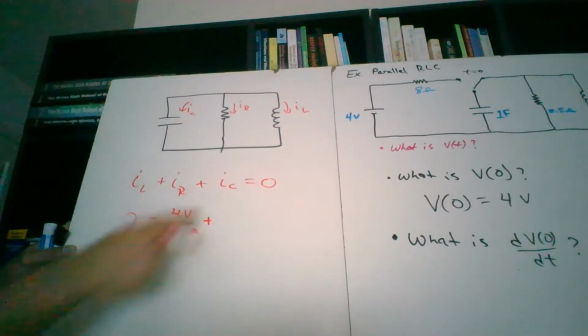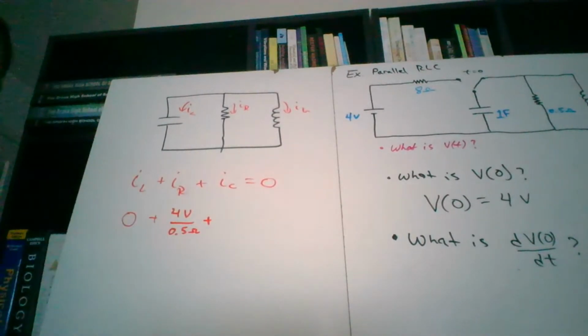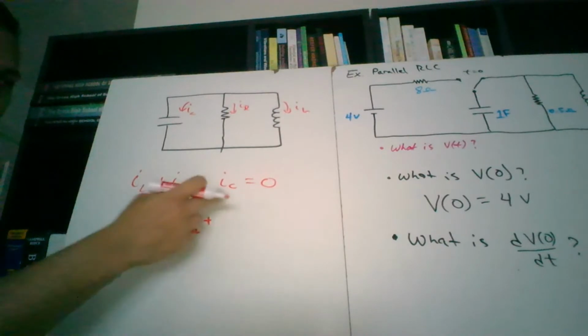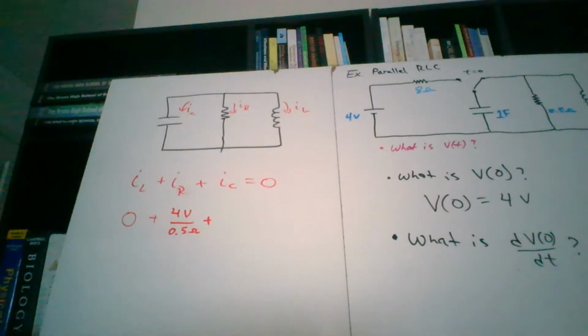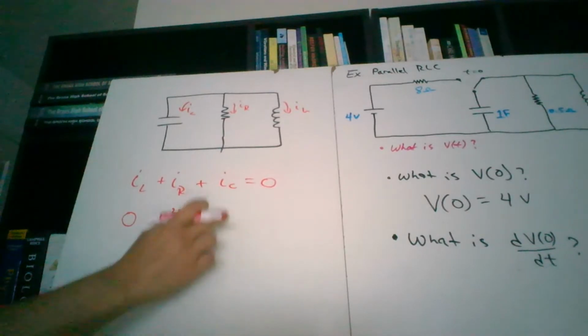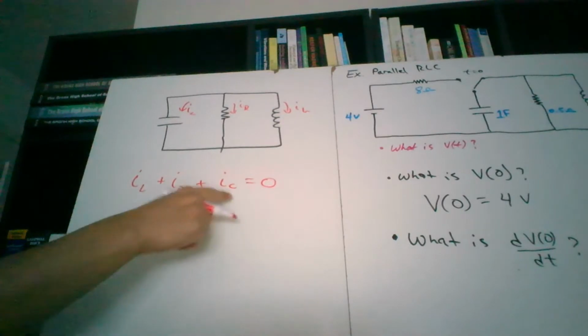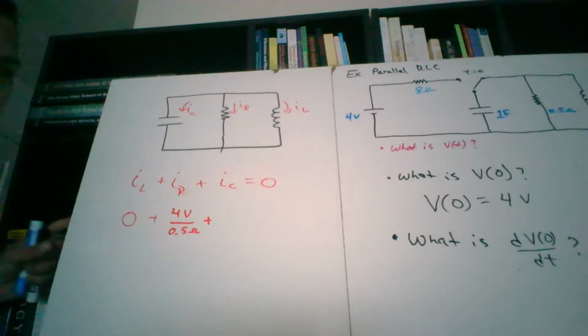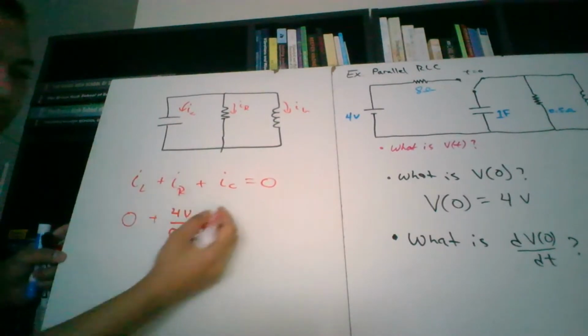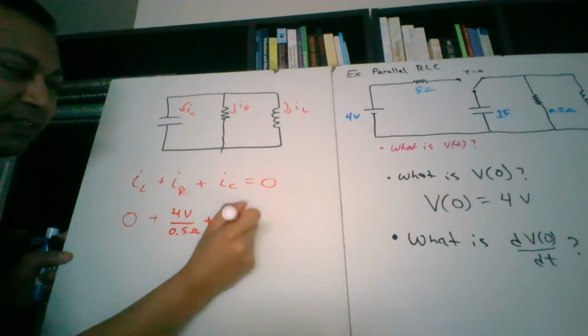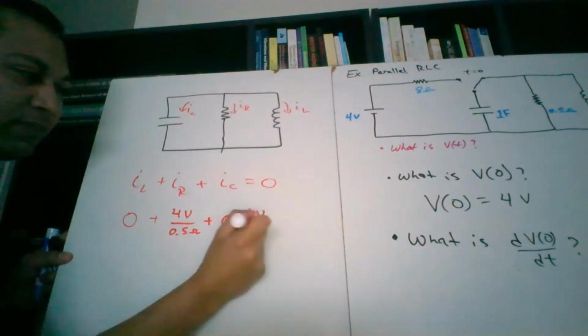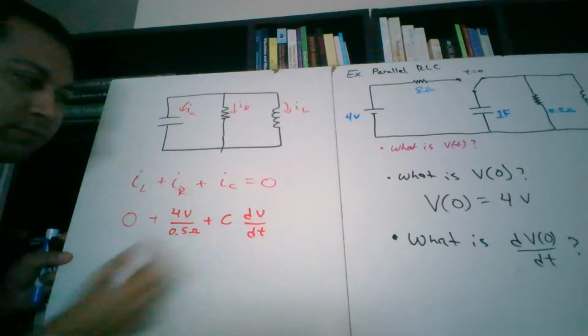And we're going to add to that the current of the capacitor. I'm going to rewrite the current right here. So the current can be written as, instead of IC, we're going to write it as C dV over dt.